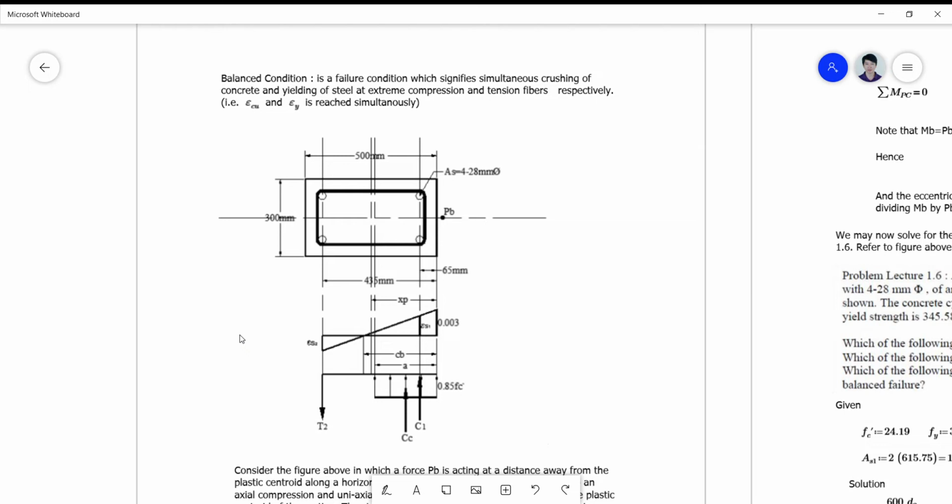So I have told you last time that before we start any computation on eccentrically loaded analysis, we have to determine first the location of the plastic centroid.